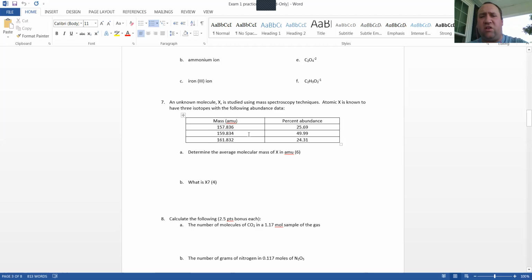What you need to do is the weighted average that we did in class. Multiply the mass by the abundance, and then add together those 3 abundances and divide by 100 to get rid of the percent. That will give you the average atomic mass of X, which in turn would give you the identity of X once you compared it to the periodic table.